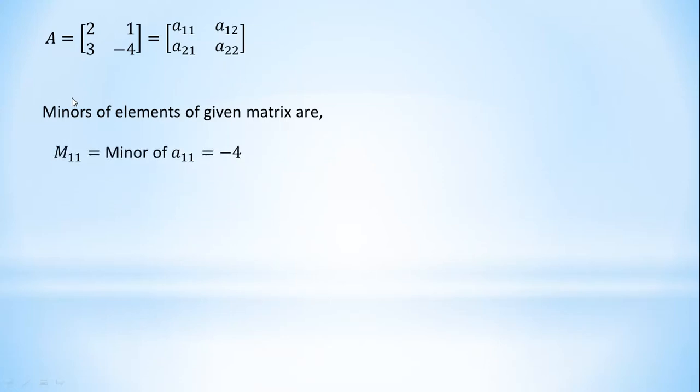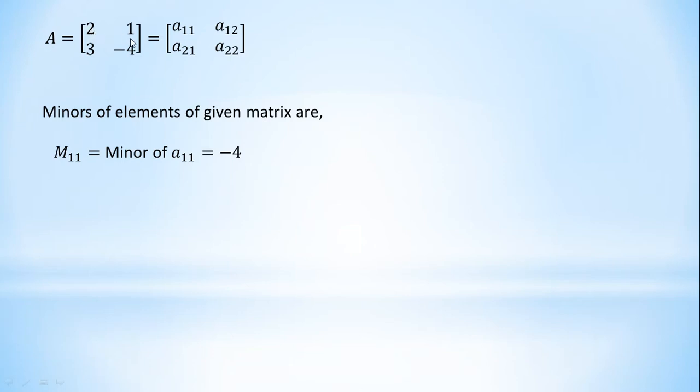Suppose matrix A is given to you. A is equal to the 2 by 2 matrix 2, 1, 3, minus 4. In general, you write the elements as A11, A12, A21, A22. Now we will find the minor of every element of this matrix. First, the minor of A11 is denoted by M11. How will you get the minor of this element?